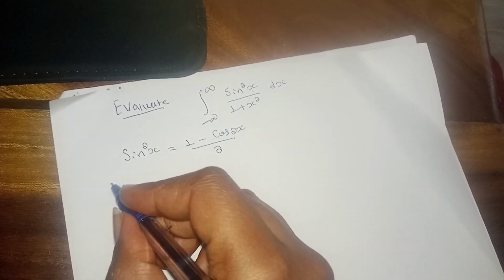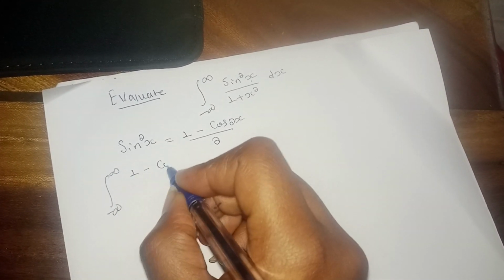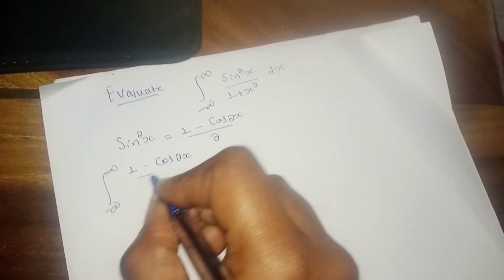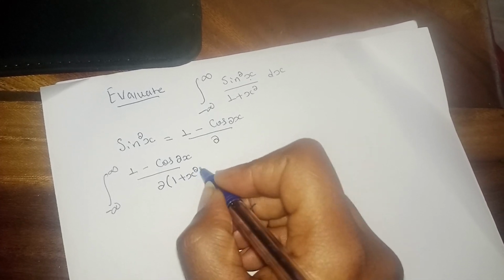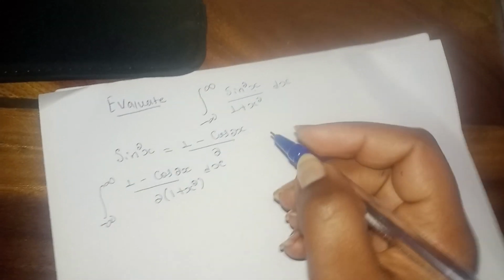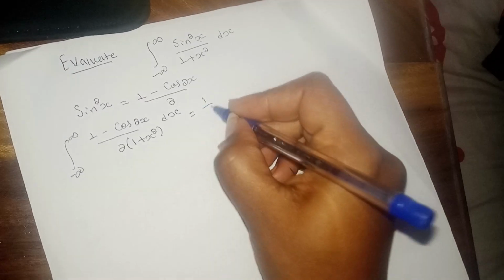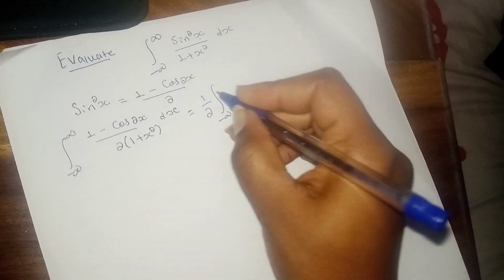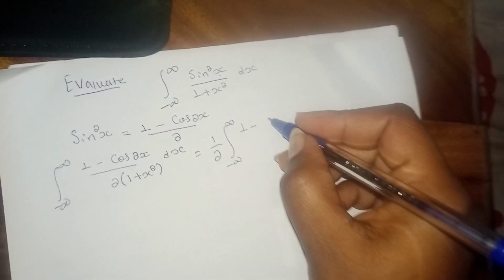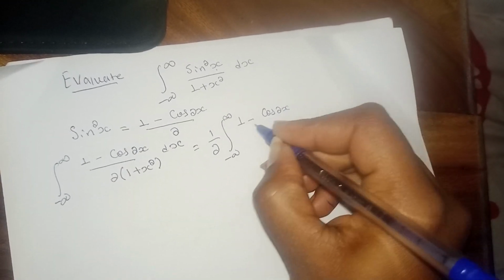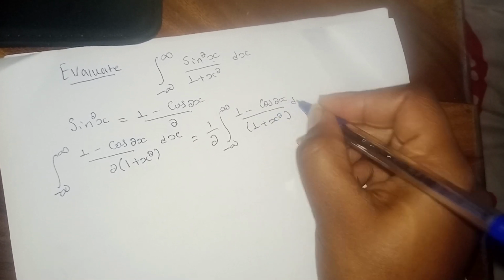What we have is the integral from negative infinity to infinity of (1 minus cos 2x) over 2 times (1 plus x squared) dx. So I can write this as 1 over 2 times the integral from negative infinity to infinity of (1 minus cos 2x) over (1 plus x squared) dx.